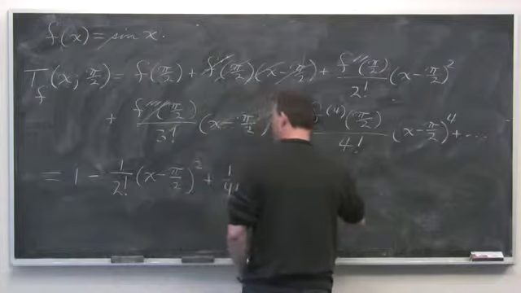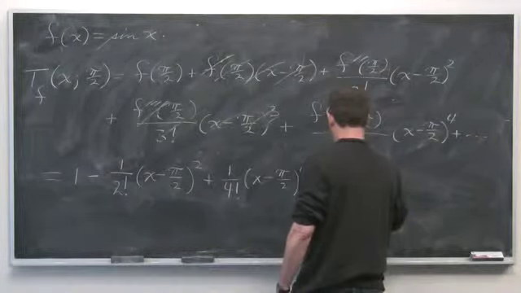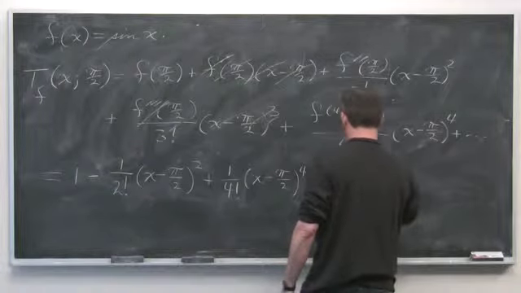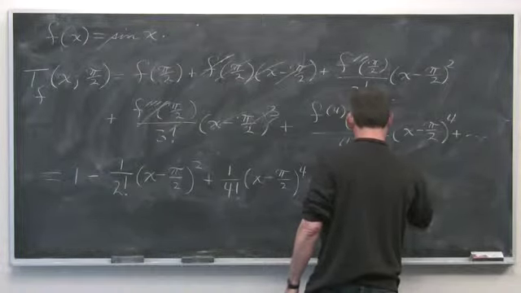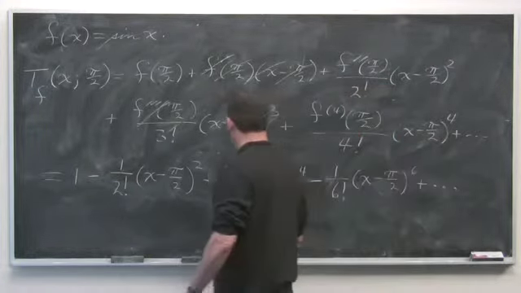You're only getting the even number terms and the sign alternates. So minus 1 over 6 factorial times x minus pi over 2 to the 6th, and so on. That is what we're getting.